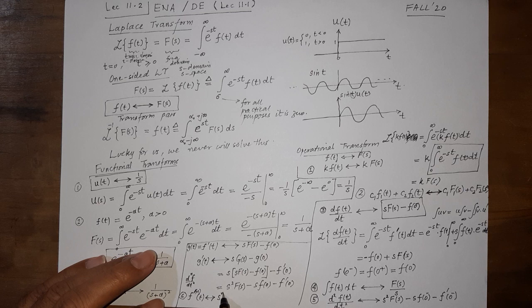So we are going to have s^n F of s minus s^(n-1) times the function value at 0, minus s^(n-2) times the function's first derivative value at 0, minus s^(n-3) times the function's second derivative at 0, and minus so on till at the end we get the function's (n-1)th derivative value at 0.